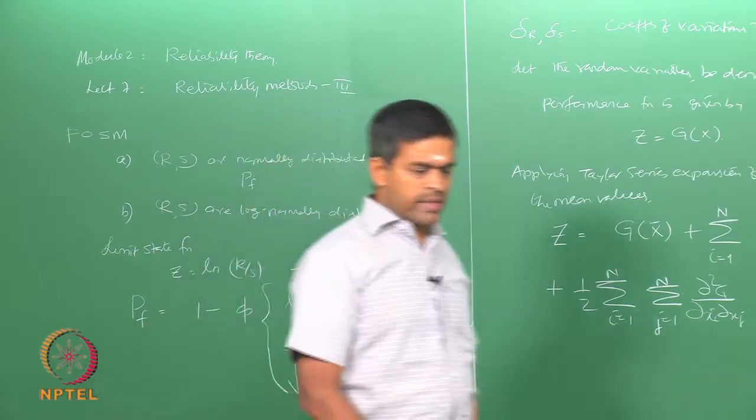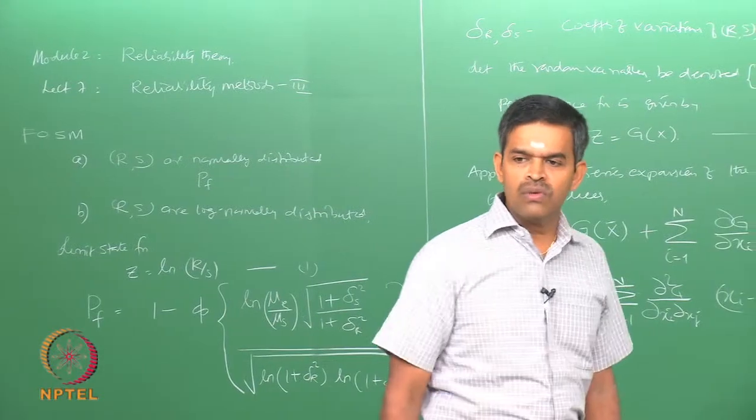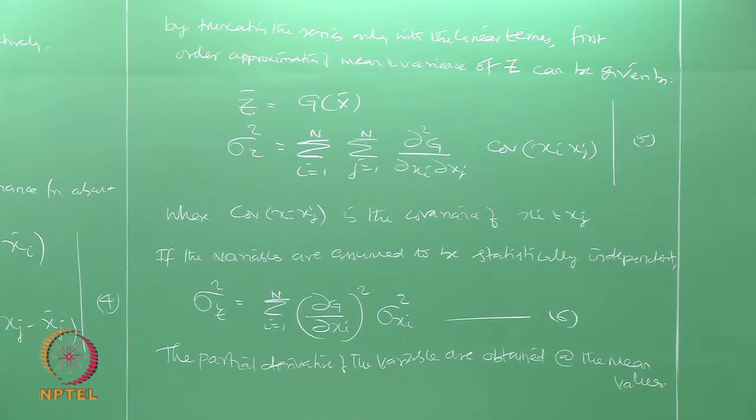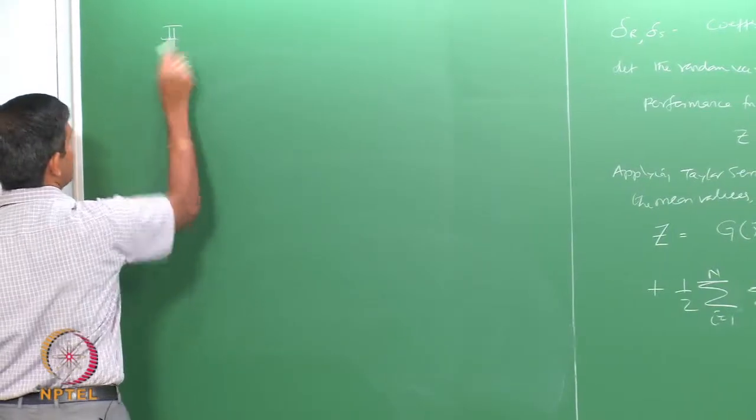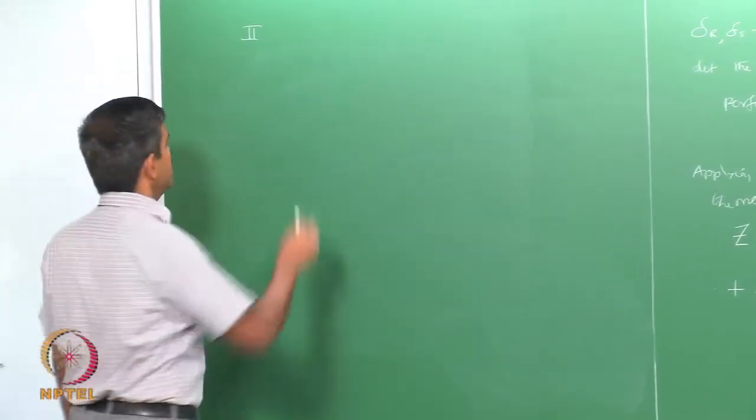Now, let us look into the next method, which is also very useful in terms of finding the probability of failure. This method is called the Hasofer-Lind method.